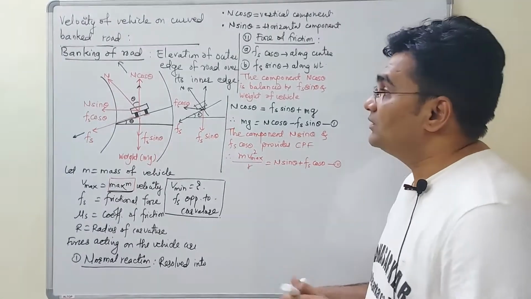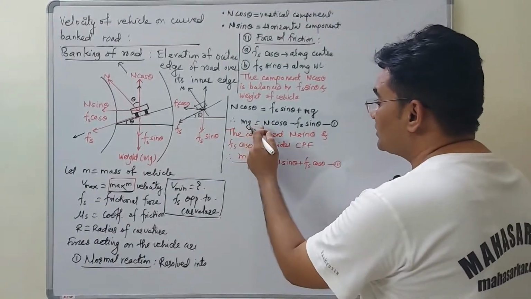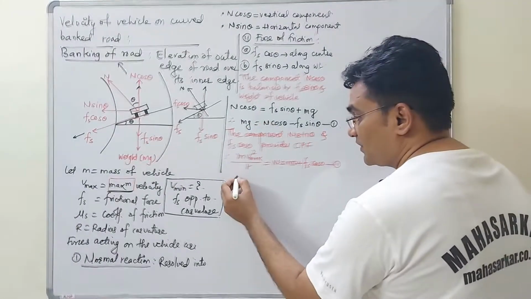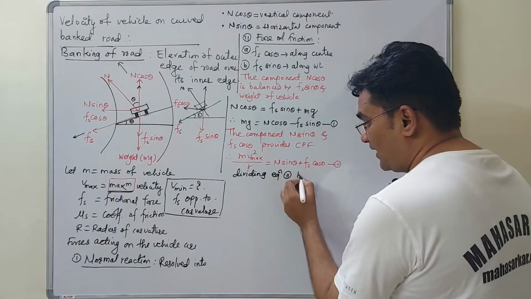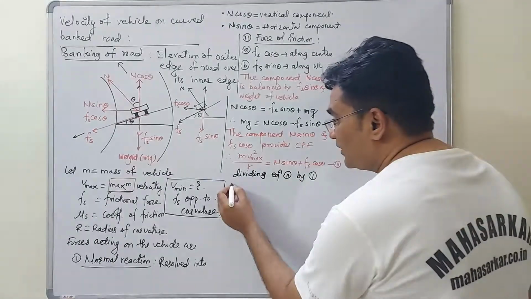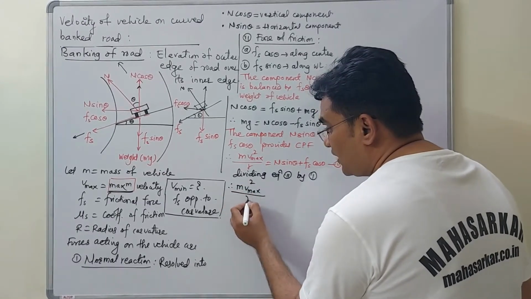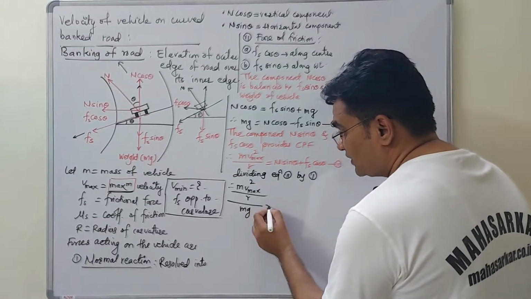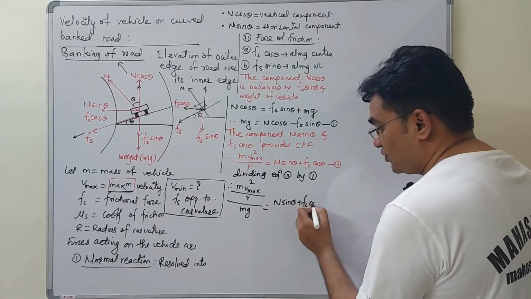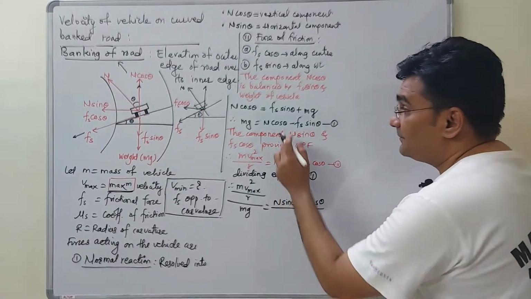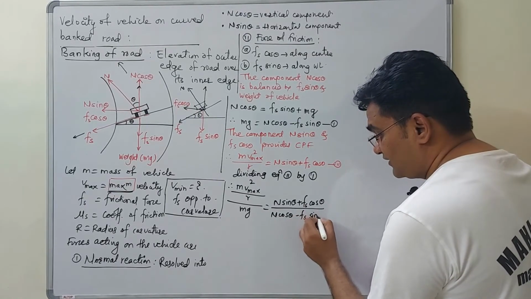Okay, now the basic explanation is done. We just need to simplify and elaborate those terms. Divide equation 2 by equation 1. What are we going to get? m v square max upon r divided by mg is equal to N sin theta plus Fs cos theta divided by N cos theta minus Fs sin theta.